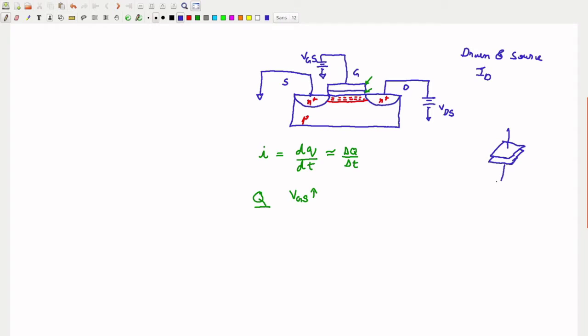And also we know, if this is the capacitor, Q, charge stored in the capacitor, is equal to CV. So we have Q is equal to CV.